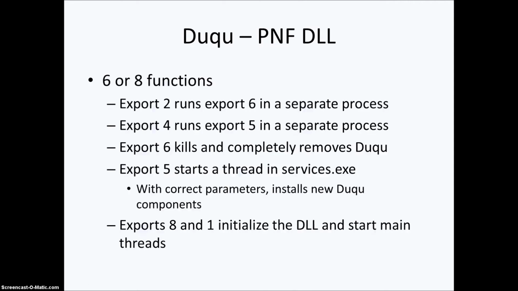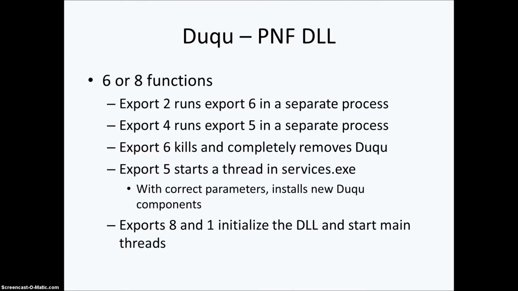The PNF config file, essentially all it does is write a timestamp to a file that I think is located on the physical disk. But basically it says, this is when Duqu started, right? It's a timestamp. It then starts a separate time-to-live (TTL) thread, and basically if X number of days have passed, and in most cases of Duqu it was initially set to 36 days, but sometimes it was 30 days.